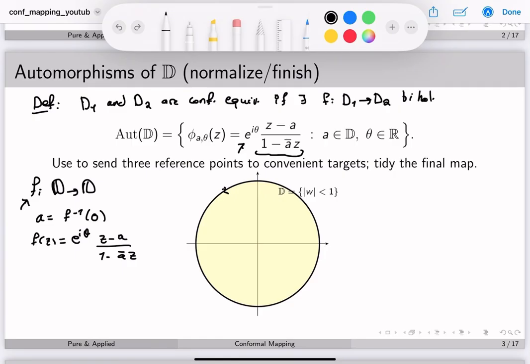So for example here, if we walk on the boundary counterclockwise, we see that the domain is going to be to our left, right? And if you map this domain biholomorphically to another domain, the boundary is going to be mapped to the boundary.